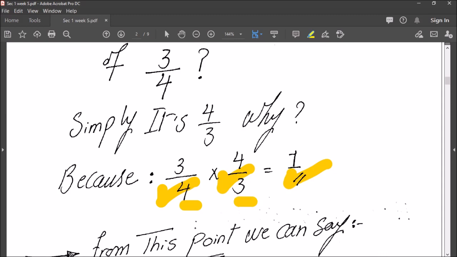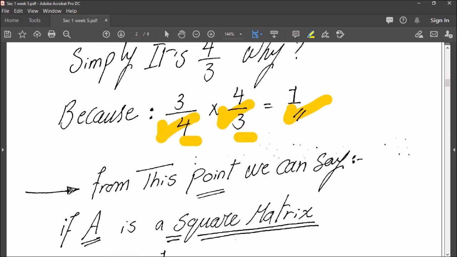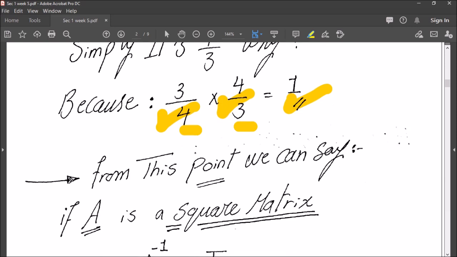The same for matrices. From this point, I can say, if A is a square matrix, and let me note that we only study this term 2 by 2 inverse matrix.